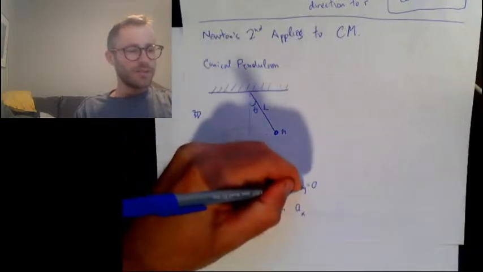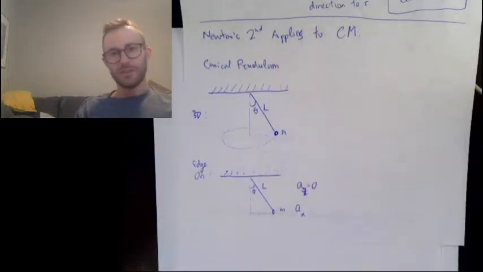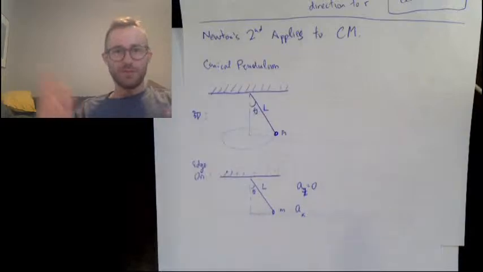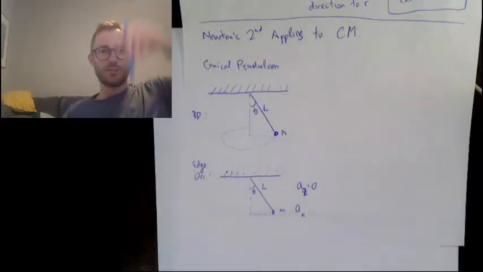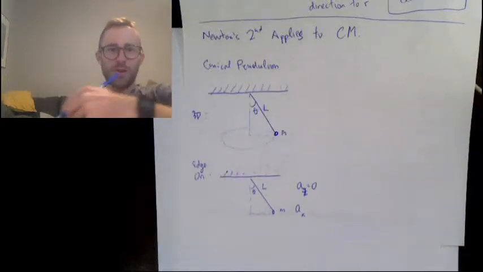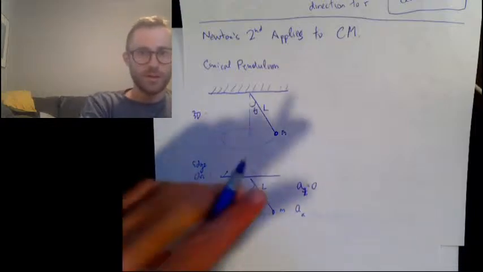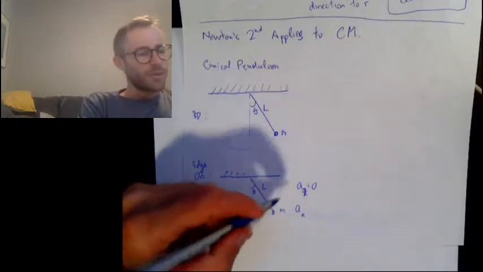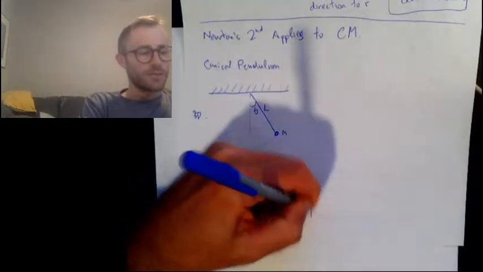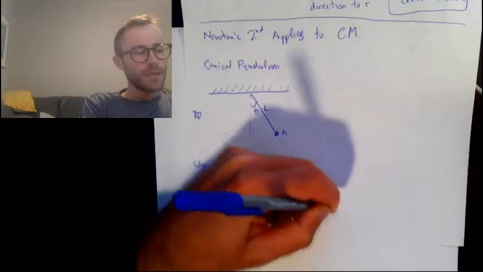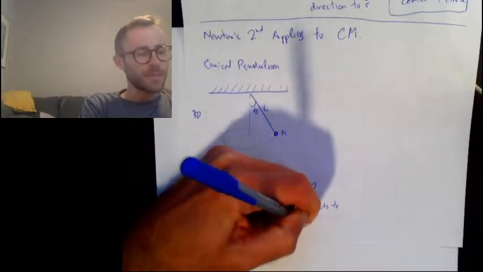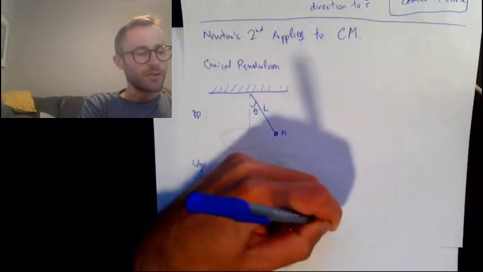I should probably say the z component of the acceleration is 0, because this is sort of three-dimensional. We have the z direction going up and down, and we have the xy plane horizontally. The x component of the acceleration points to the center of the circle.